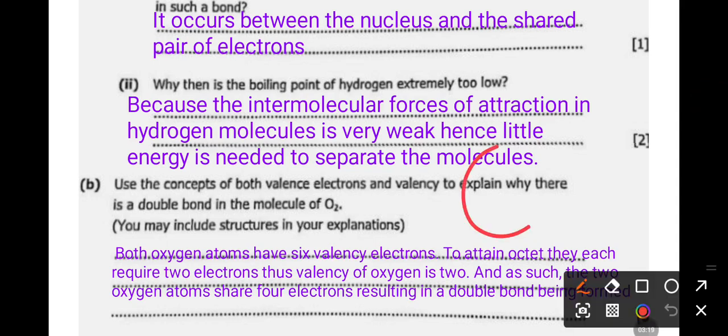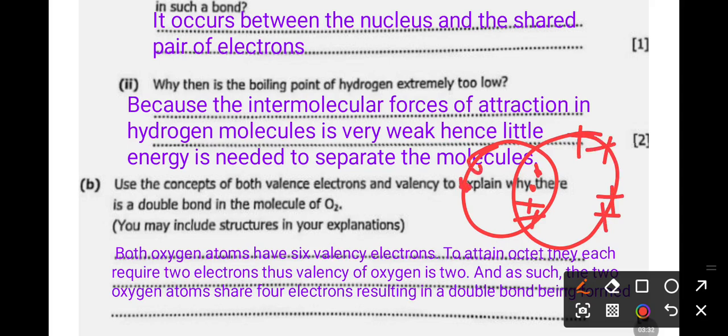So if we were to diagrammatically represent this, what we'll have is something like this. Let me write it here.